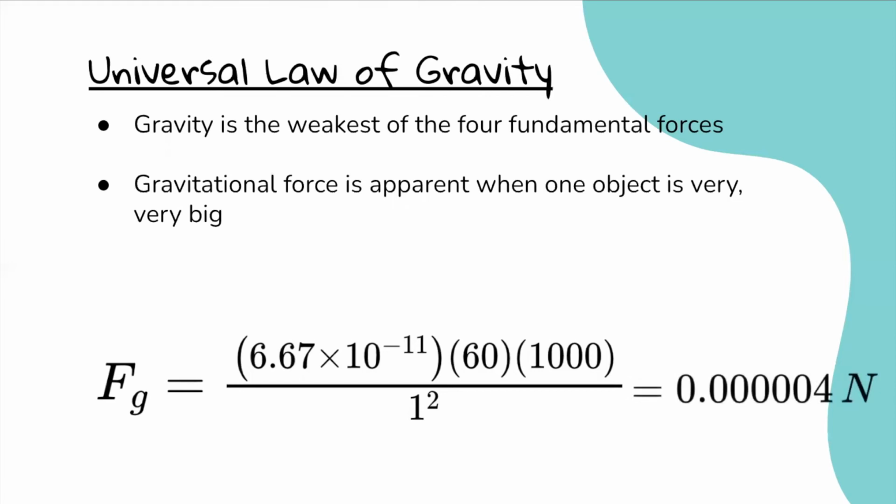That's not enough to overcome friction. If that's me and my car, a 60-kilogram me and a 1,000-kilogram car, I'm not going to be gravitationally attracted to it through the air. All the friction and air resistance would cancel that out, no problem. In order to make the gravitational force apparent, you need one of the objects to be very massive.